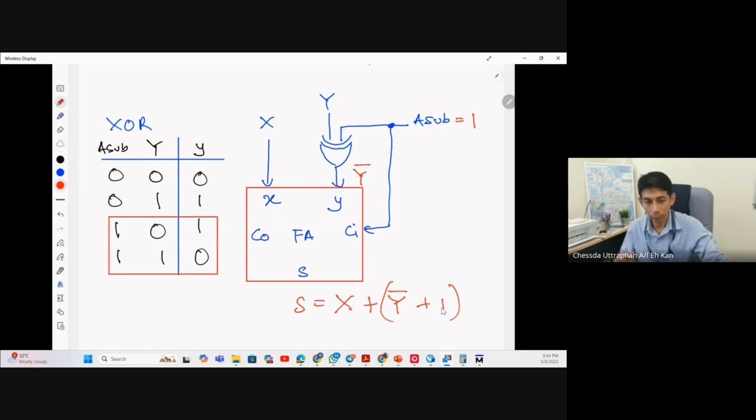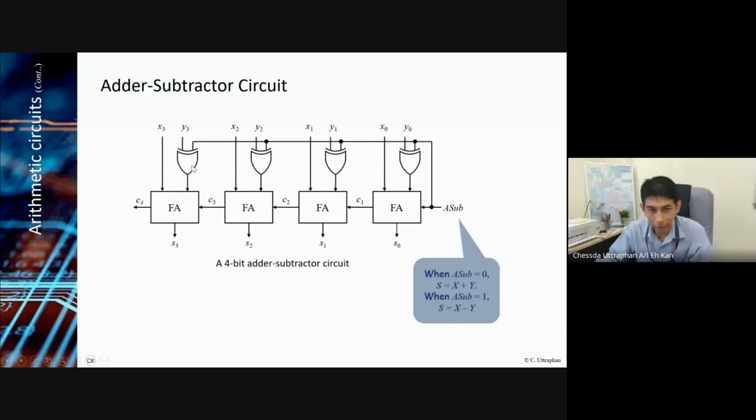Okay, so you can see that when we have the XOR gate here, now we can use the same circuit to be an adder. When we set this equal to 0, this will become an adder. And when we change this to 1, this circuit becomes a subtractor already.